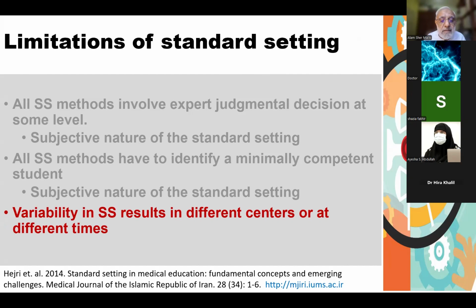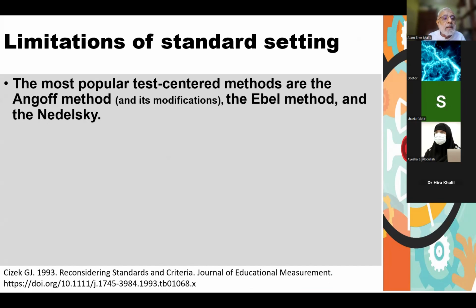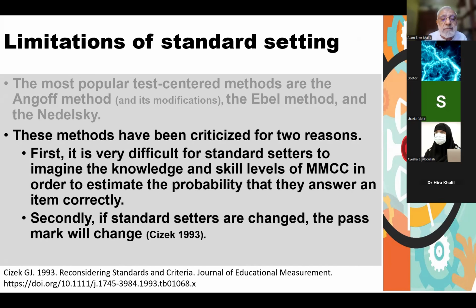Variability in standard setting results in different centers or at different times is possible. The most popular test-centered methods are the Angoff method, the Ebel method, and Nedelsky. These methods have been criticized for two reasons.